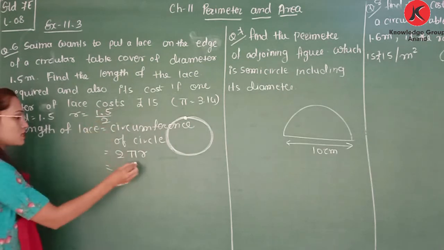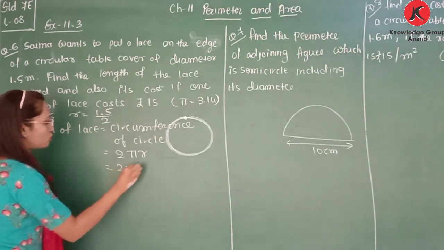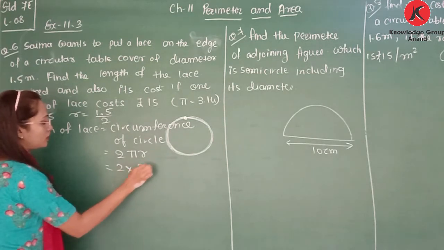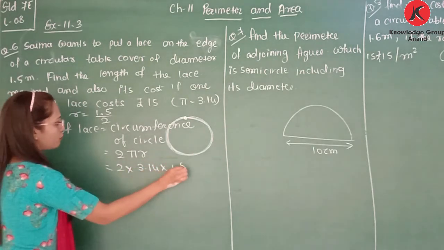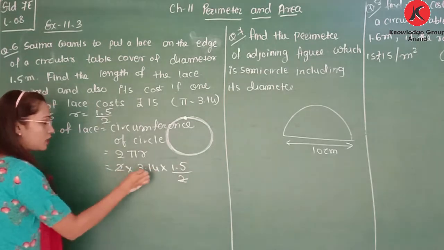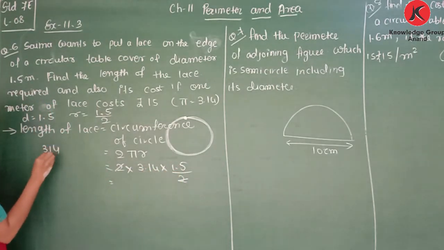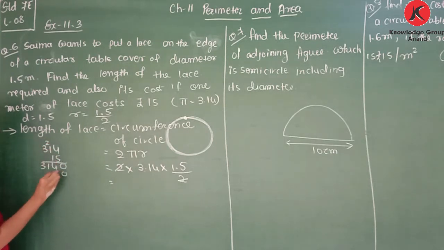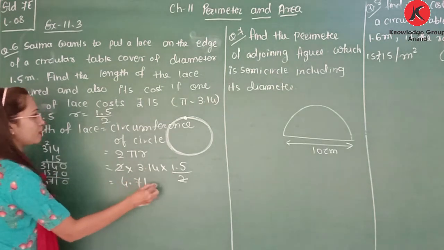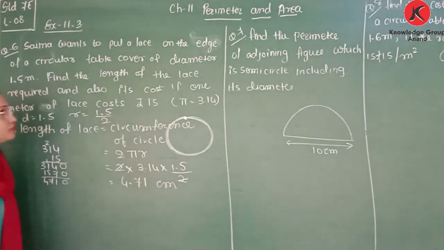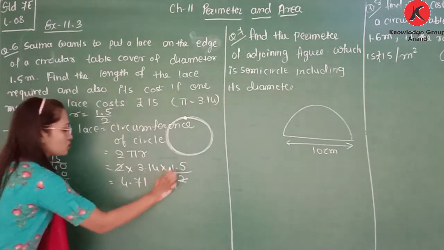So we use radius 0.75: 2 times 3.14 times 0.75. So that is 4.71. Because the unit given is meter, it is in meters.